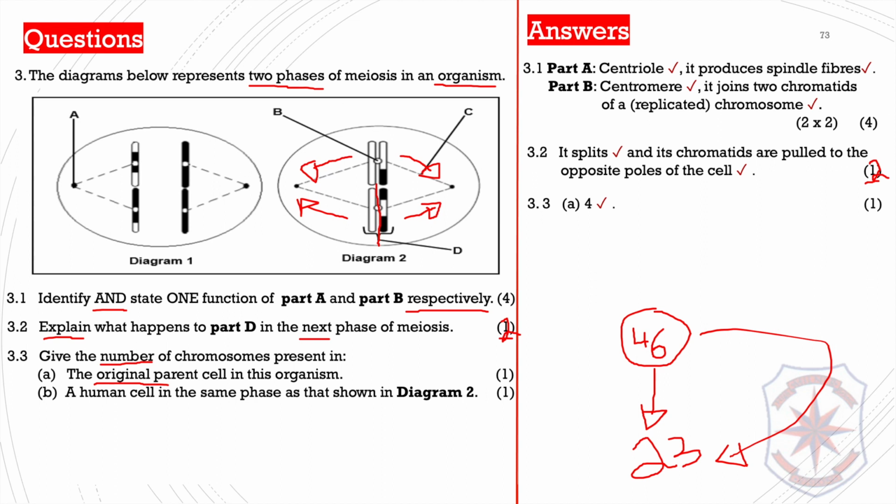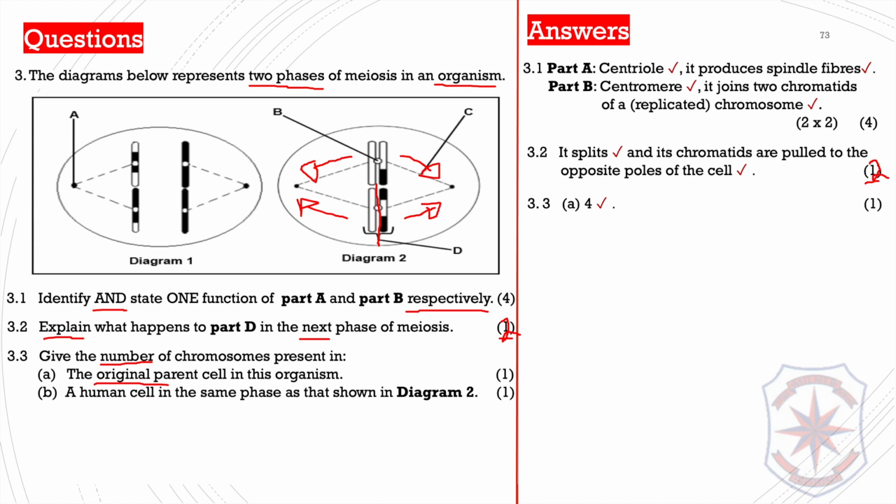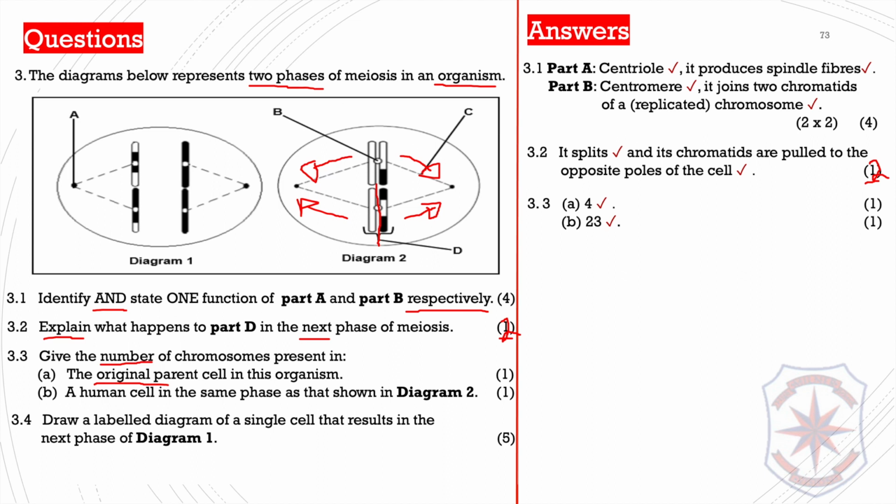And to move from a haploid number to a diploid number, we multiply by 2. Okay, hence we have 23 chromosomes.